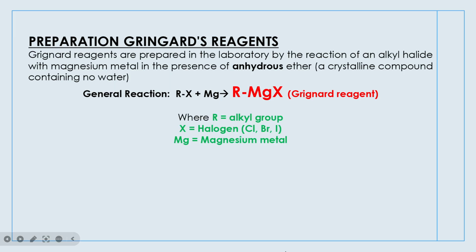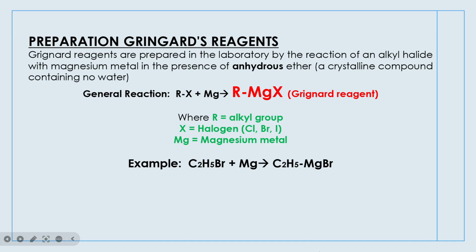R is the alkyl group, X is the halogen that belongs to group 7. Chlorine, bromine and iodine are the most commonly used halogens and the metal will always be magnesium, denoted by the symbol capital M, small g.